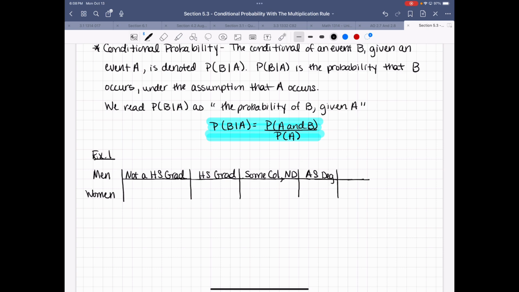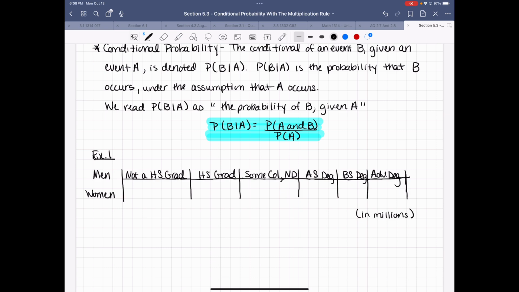Then we have a bachelor's degree. And then we have an advanced degree. And that just means they have a master's or a PhD. Okay, the numbers are in millions. Oops. And I misspelled millions. I'm tired today. Okay.